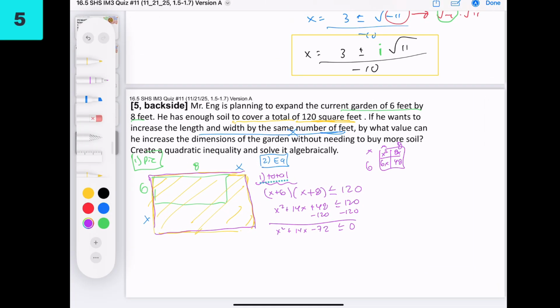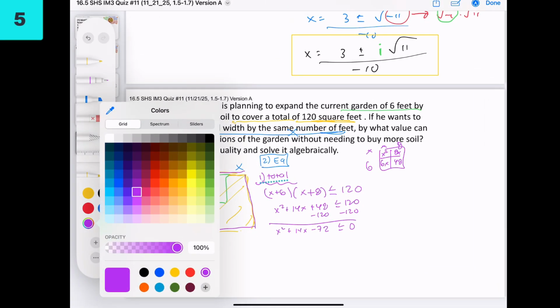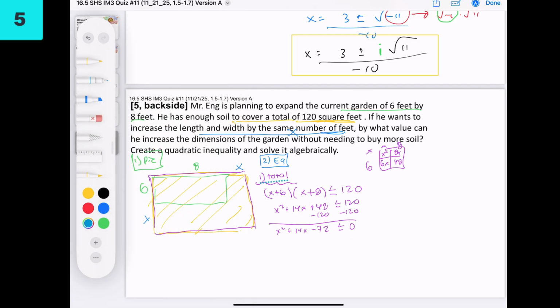Now, let's do this in blue. Just the new area, just this blue area. Another way of solving the problem, we can break it up. This will be 8x, 6x, and this will be x squared. Add those together, x squared plus 14x.